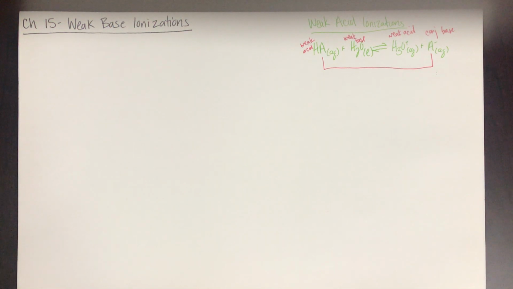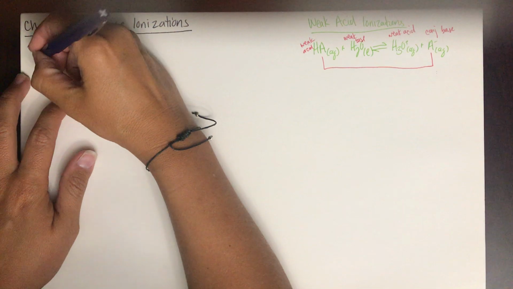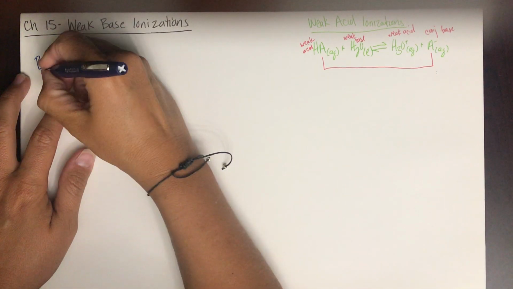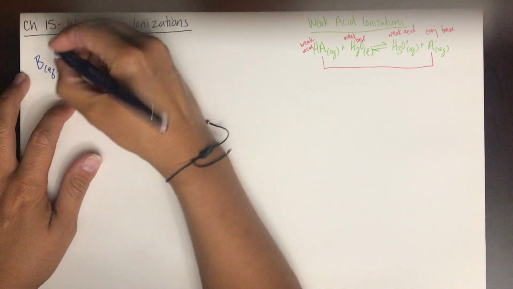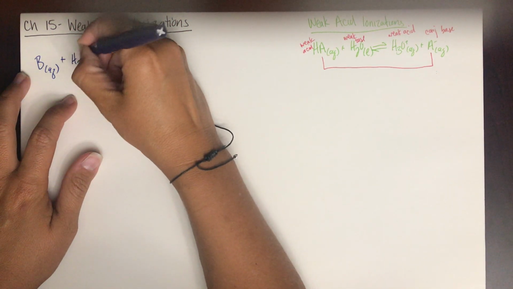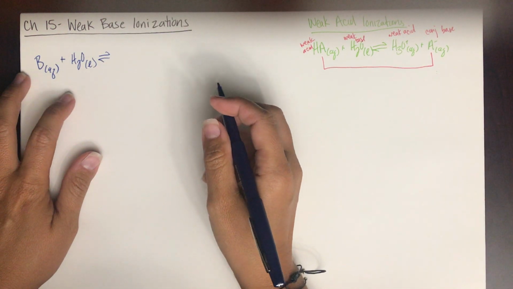Everything that we're doing now with weak bases is the same, except when we have a weak base ionization, the generic formula looks like this. B, which is going to represent any generic base, plus water, is going to exist in equilibrium.